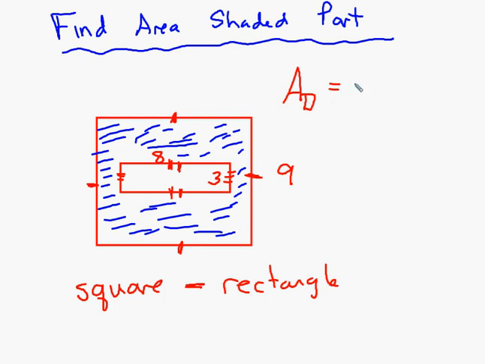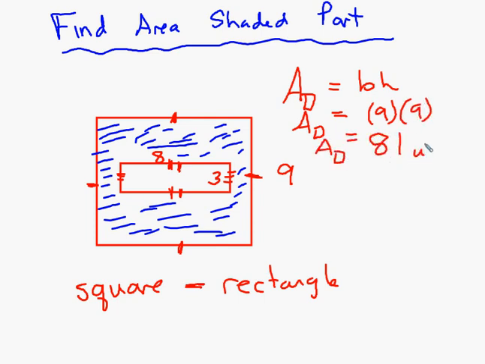So I'm going to find the area of the square first. It's still base times height. It's the same formula, because rectangles and squares are all parallelograms. It just happens that the height and base are the same. So the area of the square is 81 units squared. Alright, and then I'm going to do the same thing for the rectangle. 8 times 3, and I get 24.